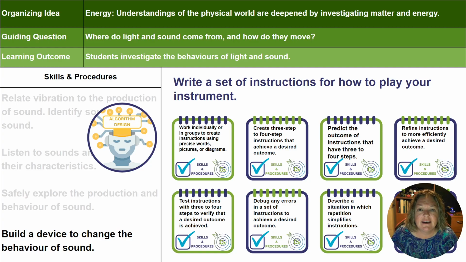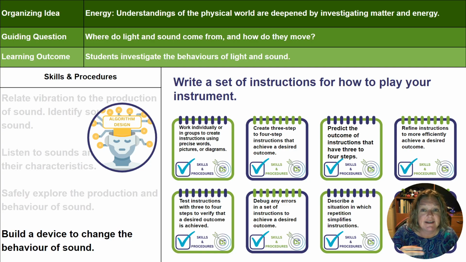So can you write a set of instructions and leave it by your instrument or your device, because we're going to do a science fair share and we're all going to move around and your classmates are going to have to figure out how to use your device based on the instructions that you leave behind. So make sure you write a really good set of instructions.